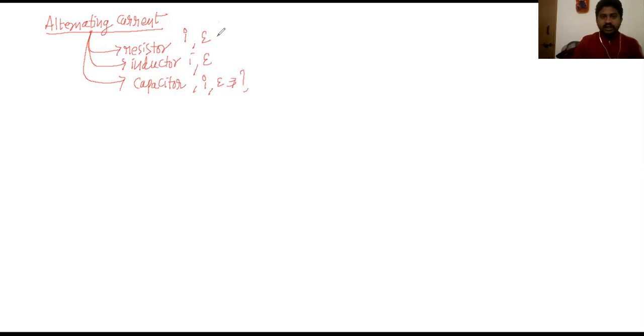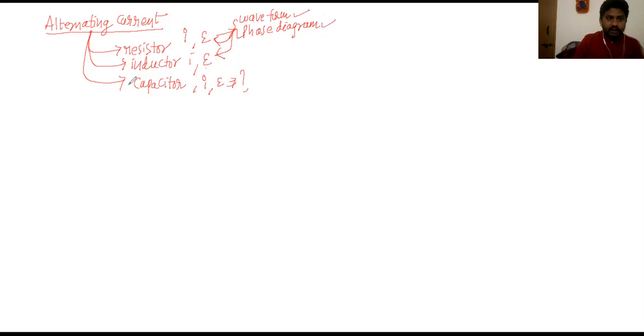In the resistor case, we understood the waveform and the phase diagram. In the resistor and inductor cases, we have drawn the waveform and the phase diagrams between I and E.